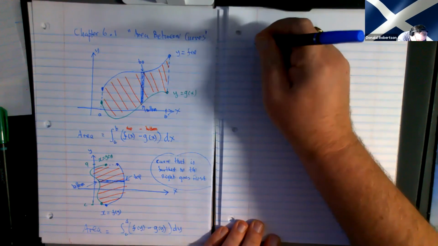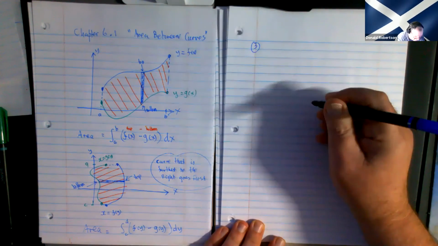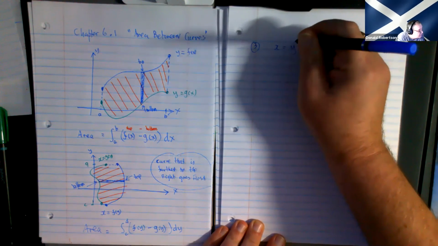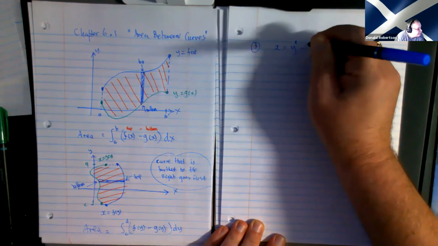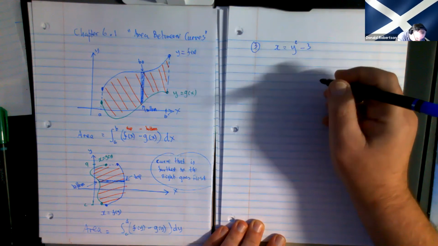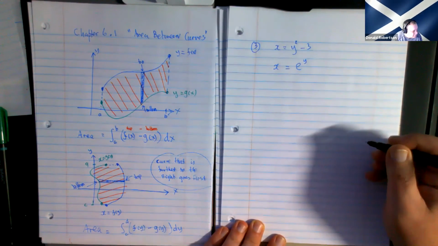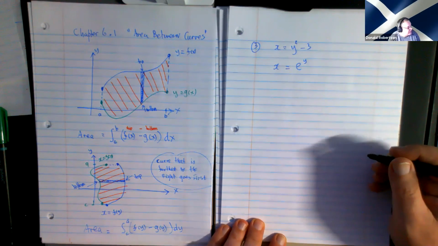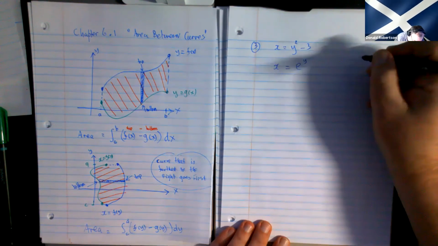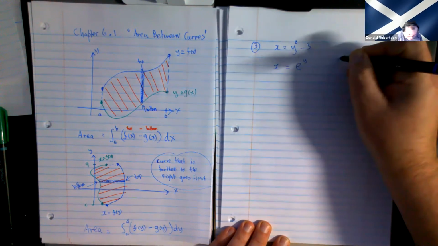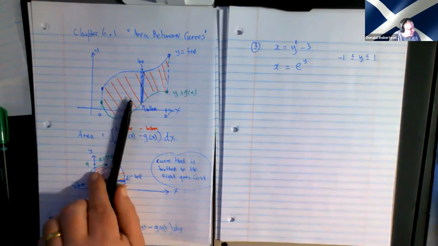Here's one. This is basically question 3. We have x equals y squared take away 3, and we have x equals e to the y. This one's actually nice because they've given you what would be a Desmos picture, right? So you can actually see it.